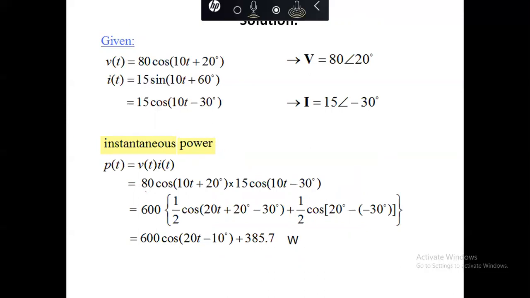So we have used this identity, we multiply it, and we use 1/2 cos(alpha plus beta). It is the time dependent part, and cos(alpha minus beta) is the time independent part. So the time dependent part is given by this. So we have this value as 385.7 watt.